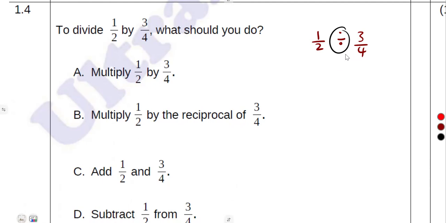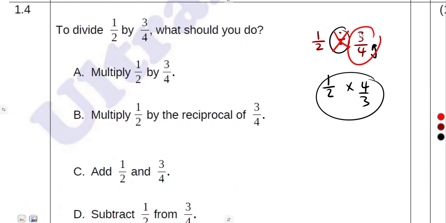So what you are going to do is to introduce a multiplication, and you find the reciprocal or the inverse of 3 over 4, or simply interchange, it will be 4 over 3. So that's 1 over 2 times 4 over 3. That's how we can simplify it. So the option A, multiply 1 over 2 by 3 over 4. No, you do not. That is division. You do not introduce multiplication and leave it like that.